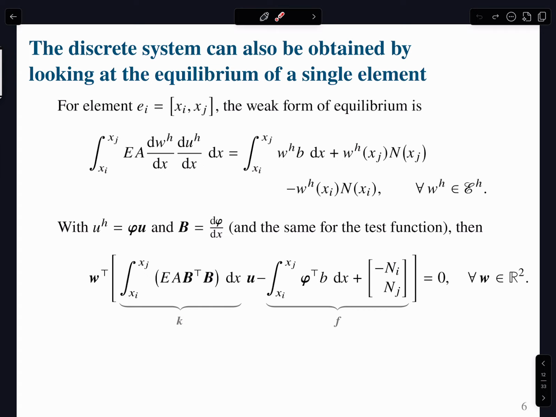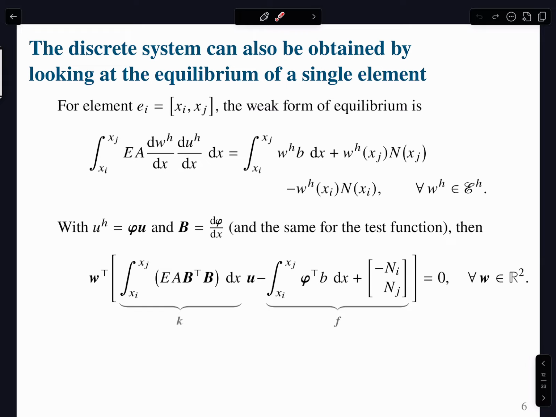That's why my weak form of equilibrium eventually turns into for all W vectors, all 2-dimensional vectors, basically, just because now I have 2 coefficients that are unknown in the bar. So for all test functions in that finite dimensional space, the moment I choose those functions from the finite element space, it translates into for all 2-dimensional vectors.